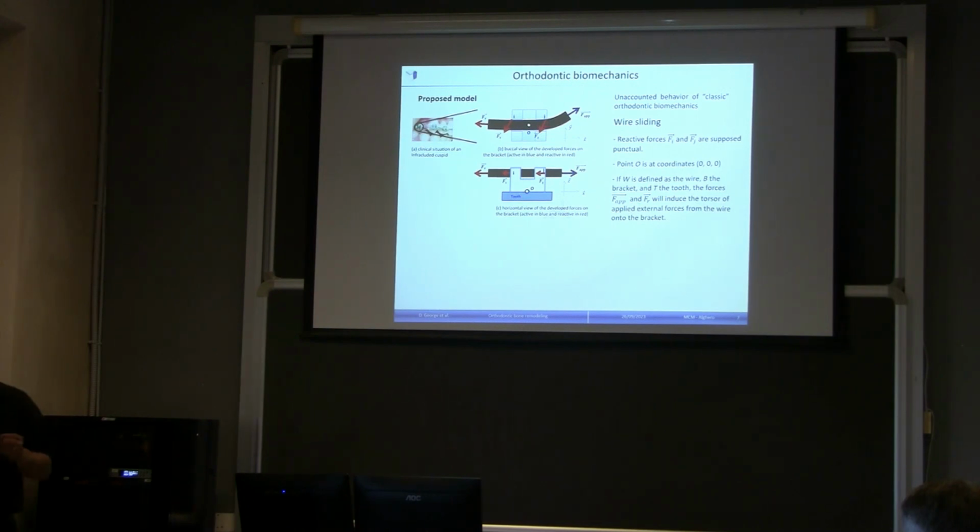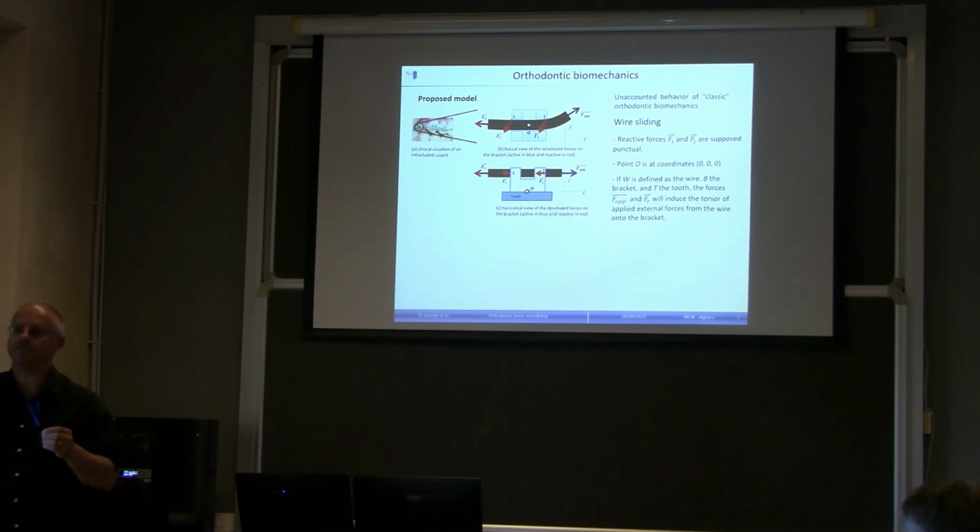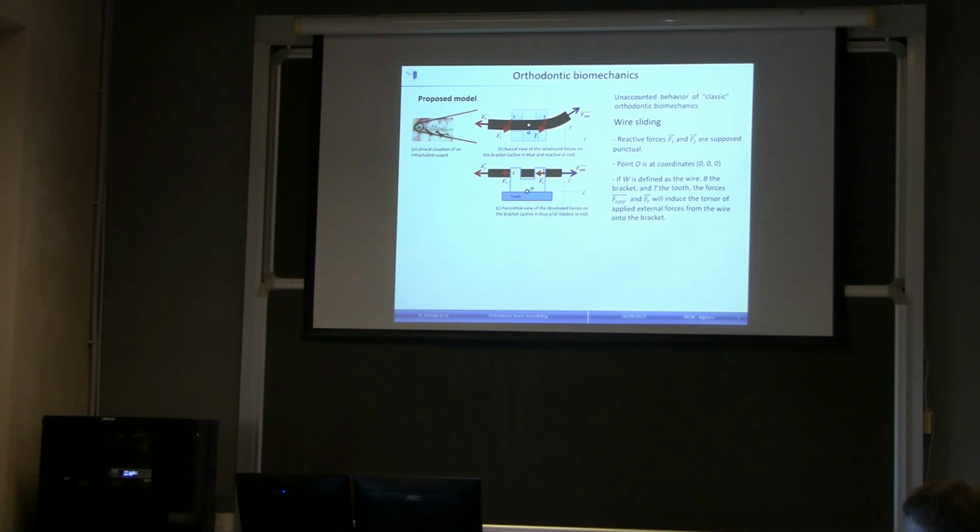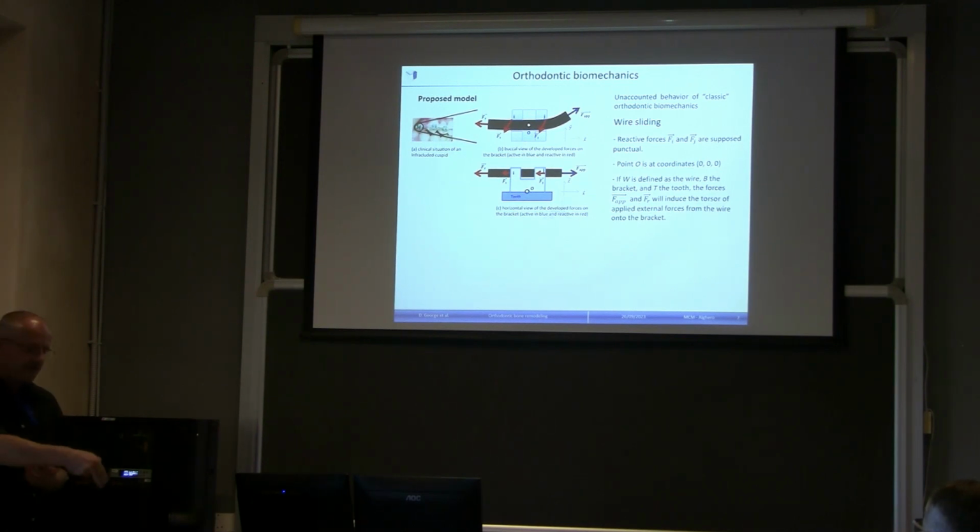Inside the brackets, depending on the number of brackets and the wire inside the bracket, we will have some friction force, which is represented here by this FR force. And then, by the application of the force on the wire, we have some reaction forces from the bracket to the wire.